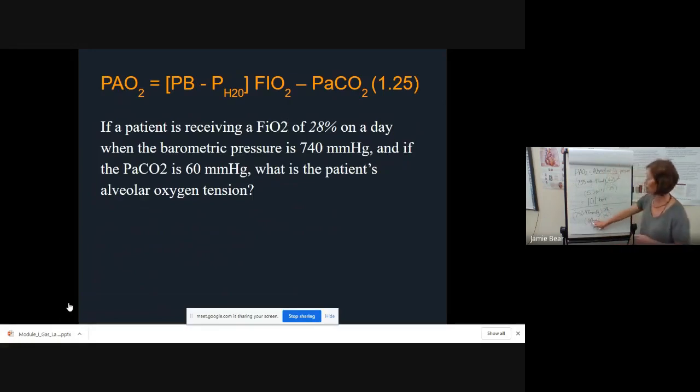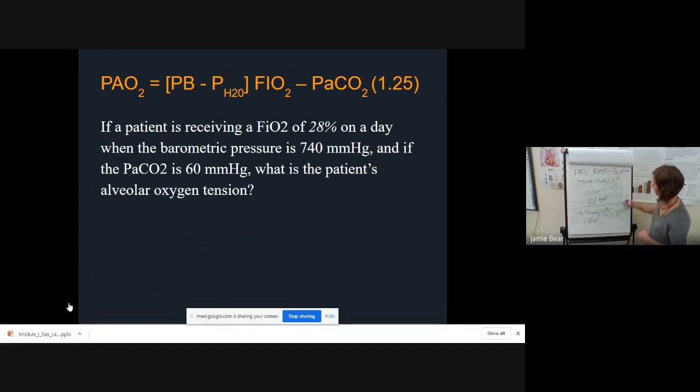And a quick note, you can multiply this by 1.25, or a lot of times you'll see it divided by 0.8, and that's the same mathematically. So 740 minus 47 is 693 times 0.28, which is 194, minus the 60, which we said is only supposed to be 40, so this is pretty high, times 1.25, and we get 119.